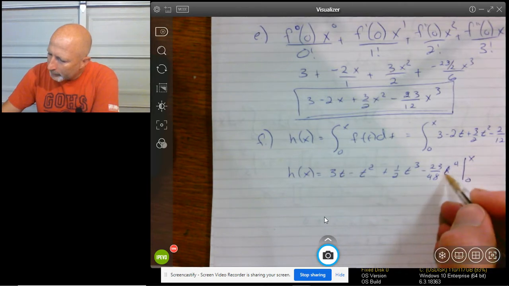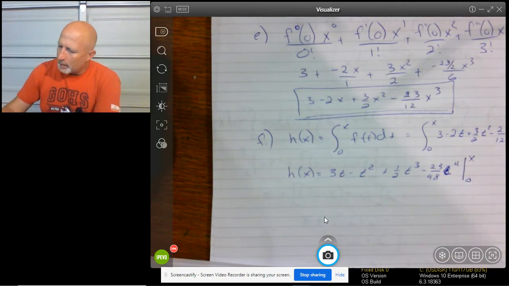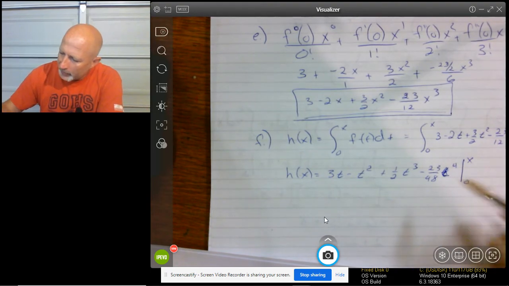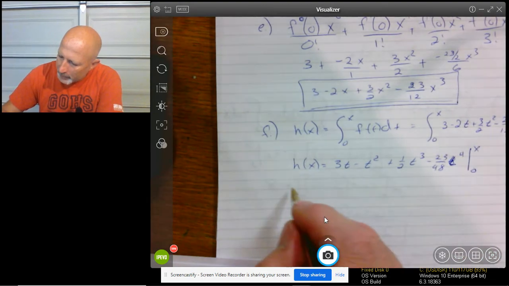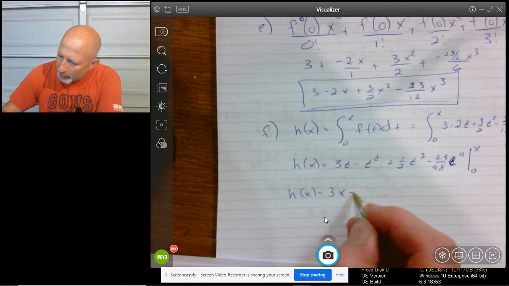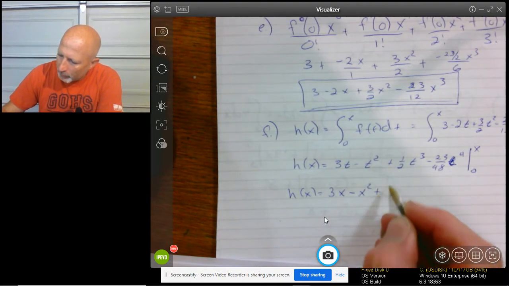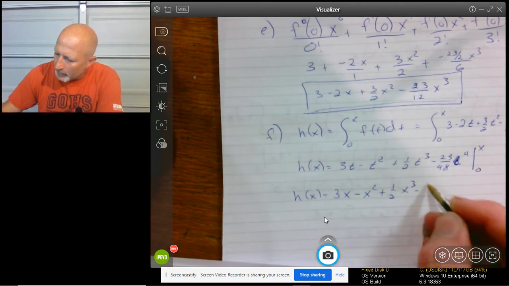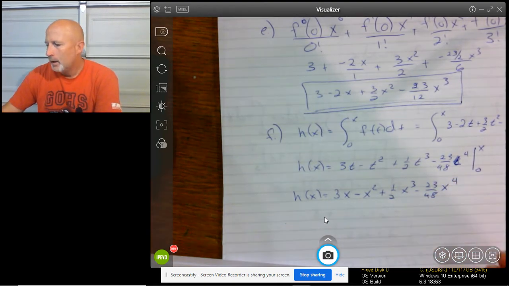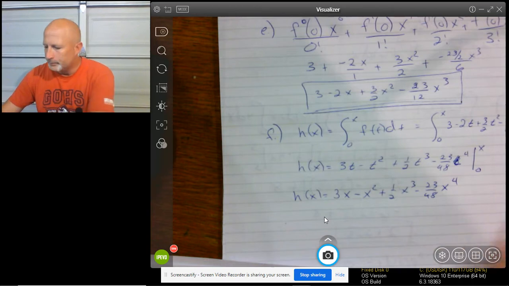So this should be a t here. Okay, so then we plug in x. So I have h of x is equal to 3x minus x squared plus 1/2 x cubed minus 23 48 x to the fourth. And then when you plug in 0, you can see it all goes away.